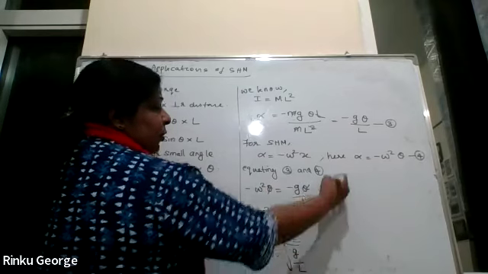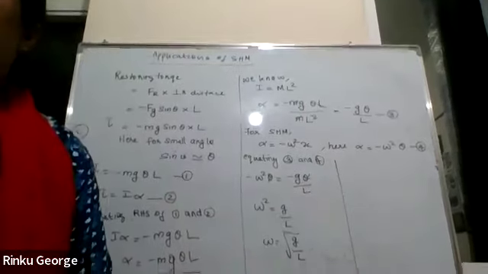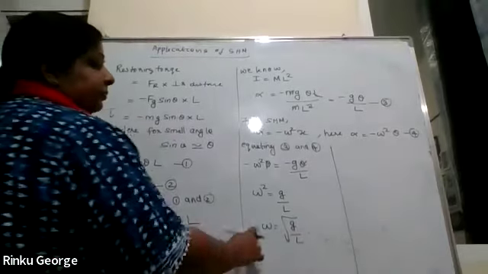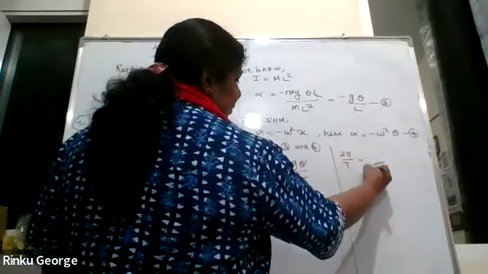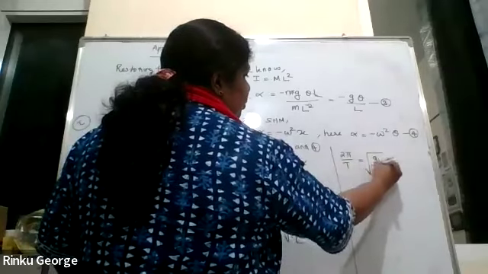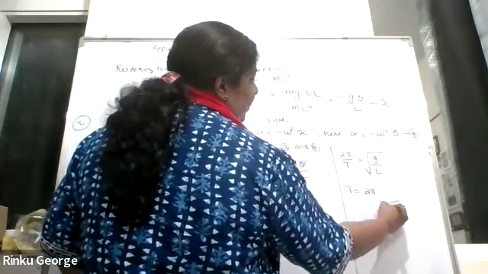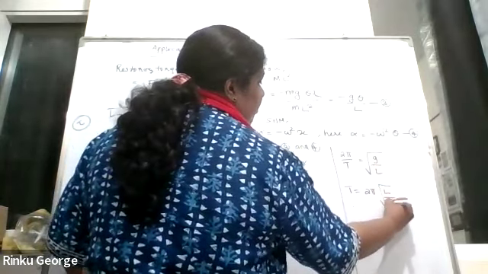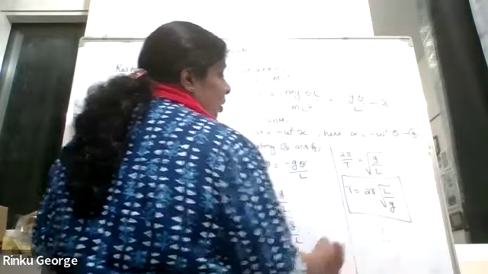For omega, what will we do? Omega is 2 pi by t. So 2 pi by t is equal to root of g by L, or t is equal to 2 pi root of L by g. Omega how 2 pi by t?